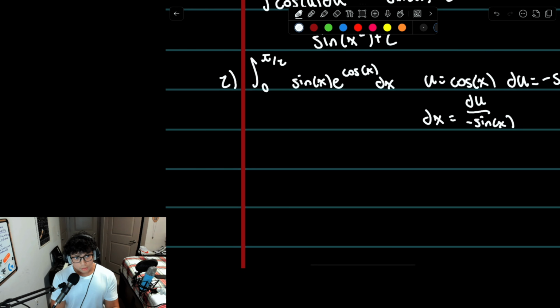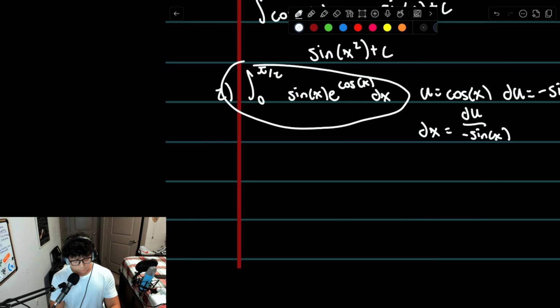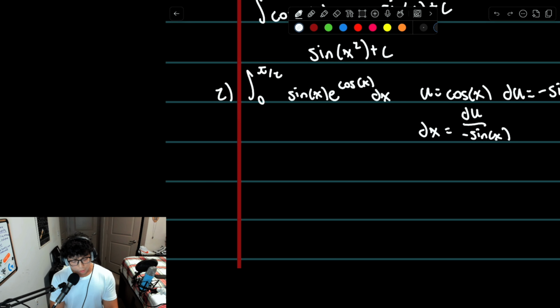And before you continue with this, remember when it comes to definite integrals, since we are putting this all in terms of u, you have to plug your bounds into this x right here. So in this case, we're given pi over 2, which, because we are plugging it into our u, cosine pi over 2 is 0. And then cosine of 0 is 1. So now our bounds are 1 to 0.